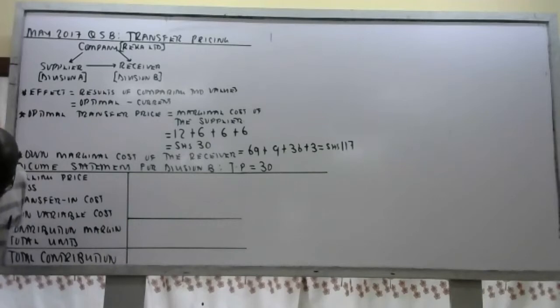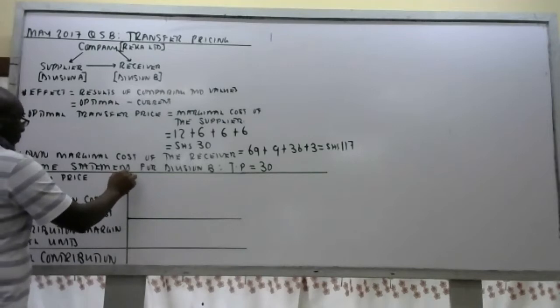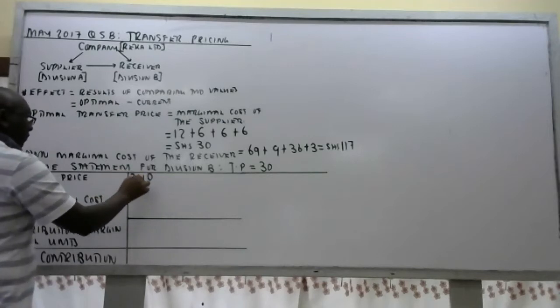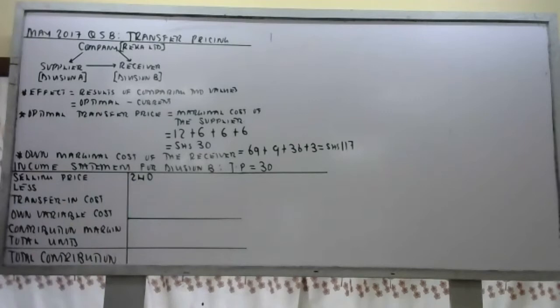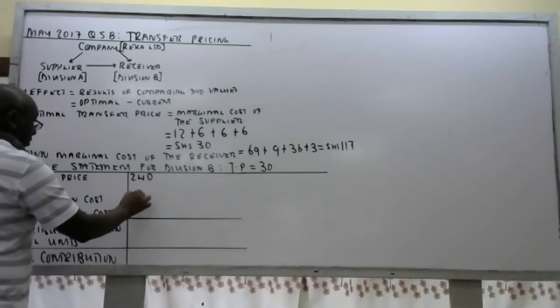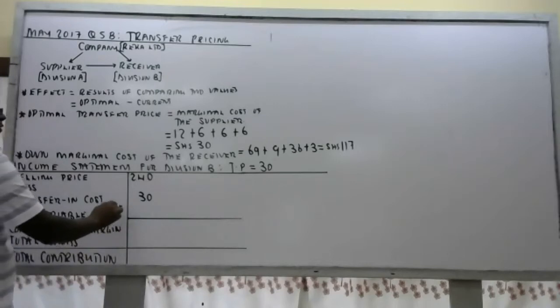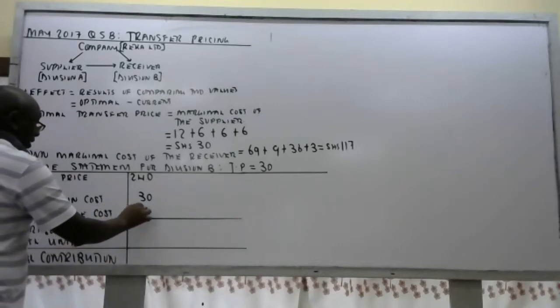So if you look at the table, you look at the information that has been provided, the first selling price is 240. The transferring cost will be 30 bob, and its own variable cost is 117.